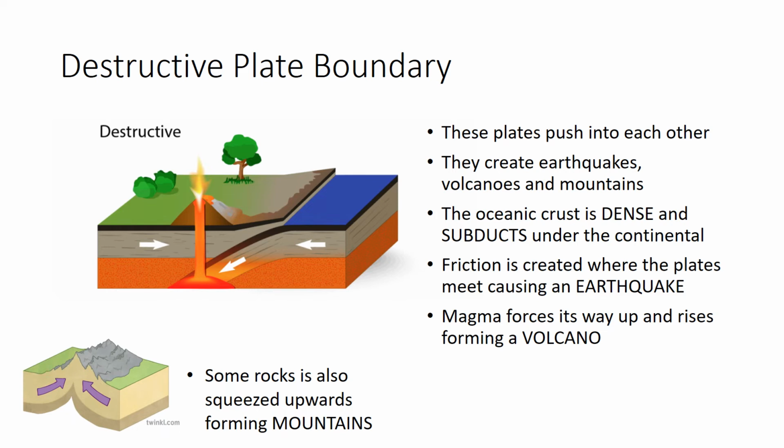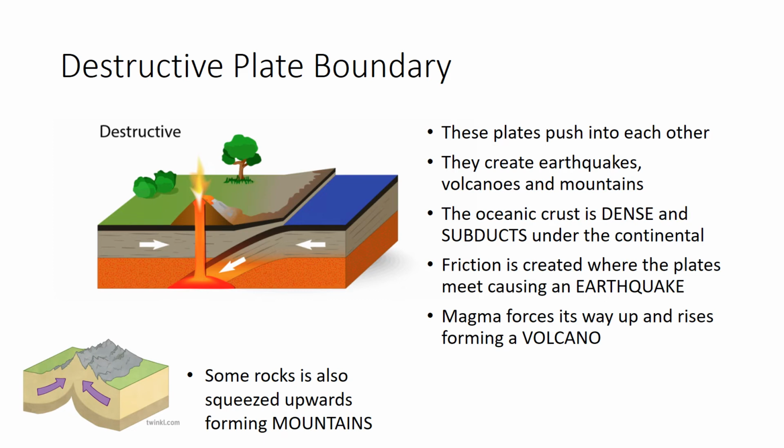This plate boundary that you see here on the screen is called a destructive plate boundary. This is where you have oceanic crust subducting down underneath the continental crust. Where the 2 plates meet, there is lots of friction, which causes the earthquakes.